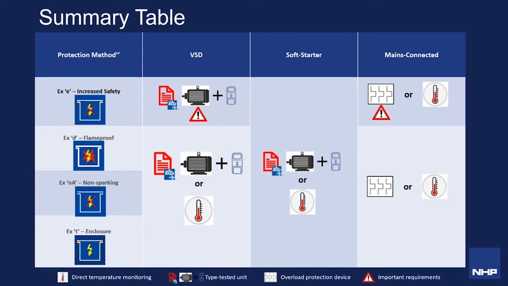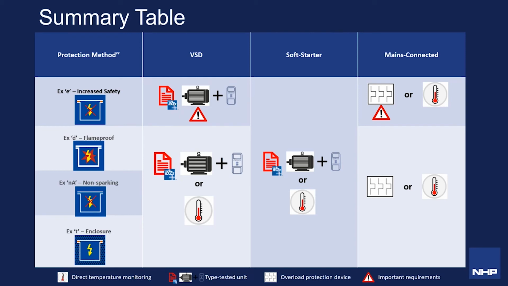Now, if we continue to move across, if we're using a soft starter with this EXE protection type, we can either use a type tested soft starter, or if we don't have a type tested soft starter, you can use direct temperature monitoring.